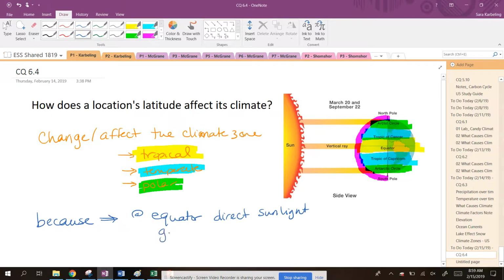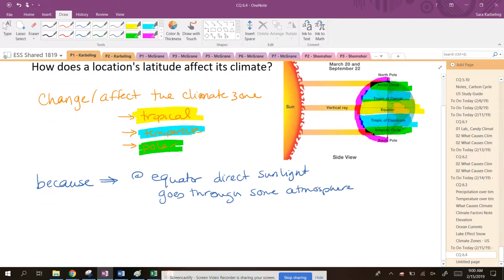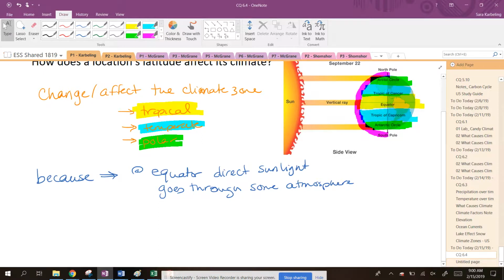Only goes through some atmosphere. But if you look way down here or way up here, how much space does that light have to go through?